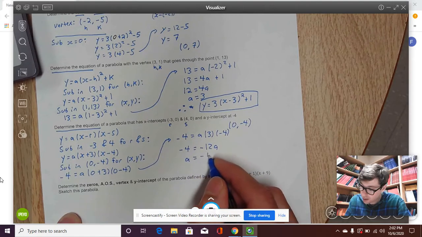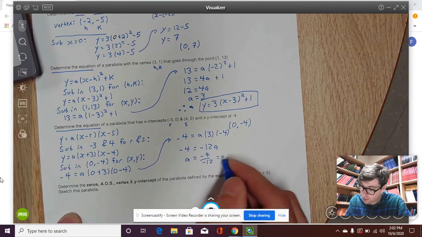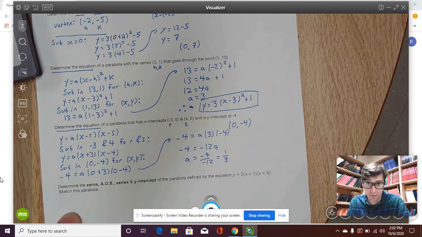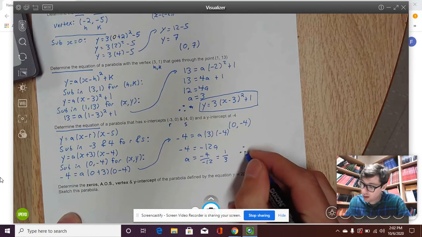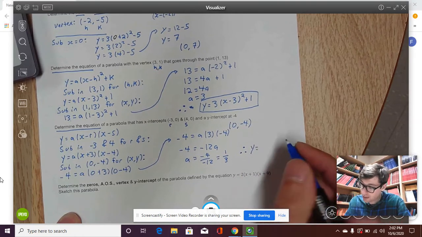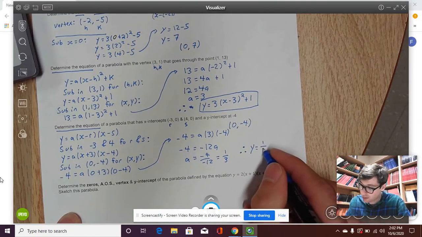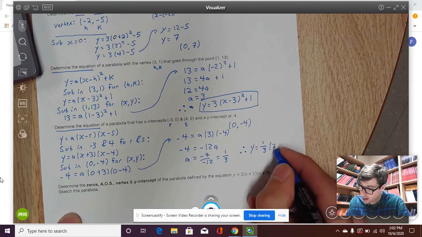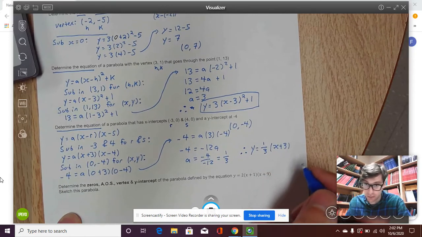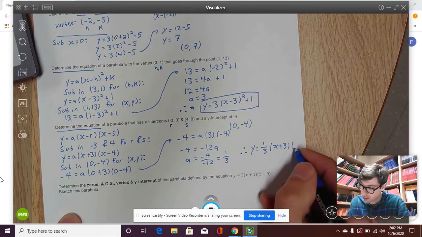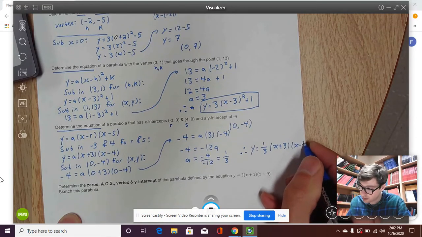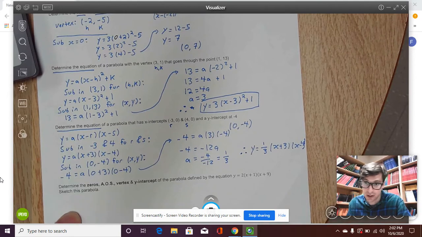So a equals negative 4 divided by negative 12, which reduces to positive 1/3. And again, my final step is just going to be an equation that relates x to y, but has no other parameters. Now I have values for everything. So it'll be x plus 3, x minus 4. Sorry, I'm getting a bit close to the edge there.